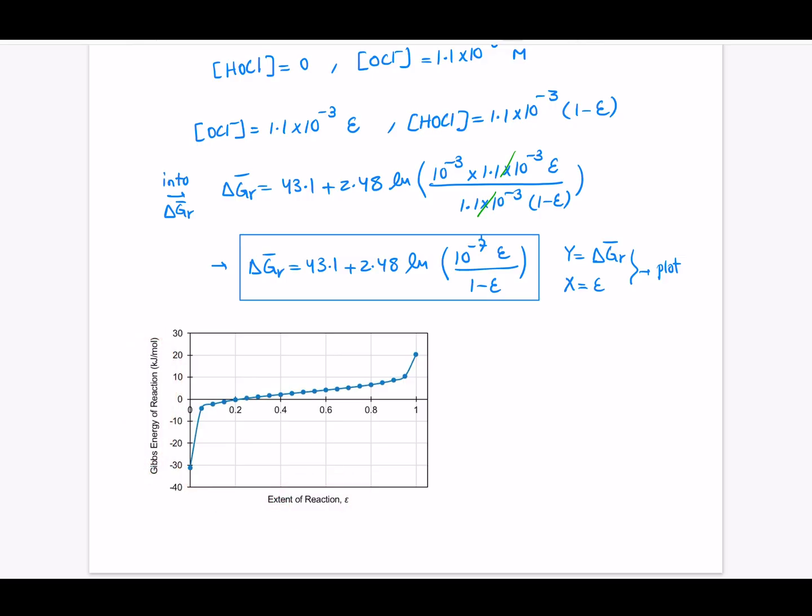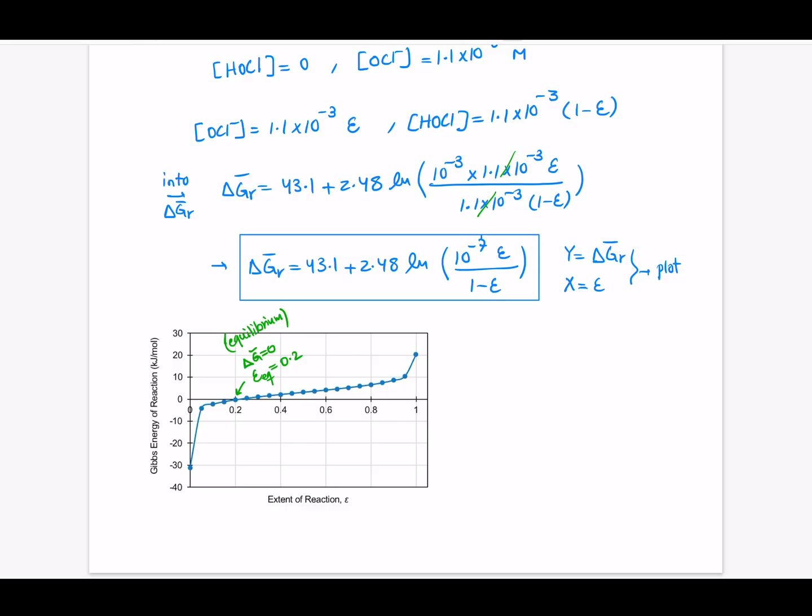Now we can look at some important factors. We know delta G is equal to 0 at equilibrium. So this is delta G equal to 0, and we know this is equilibrium. And then we can calculate the epsilon of equilibrium to be roughly 0.2. So this is equilibrium.